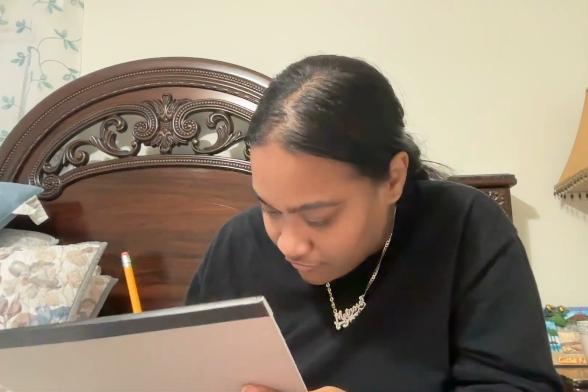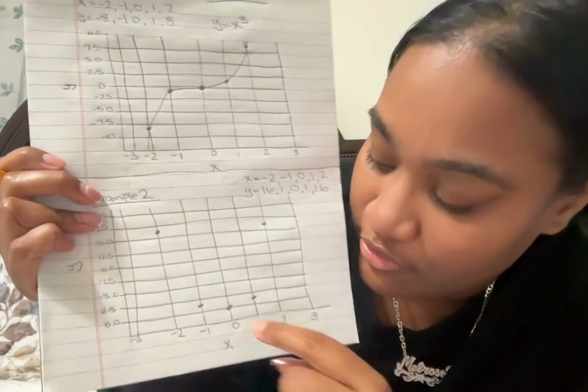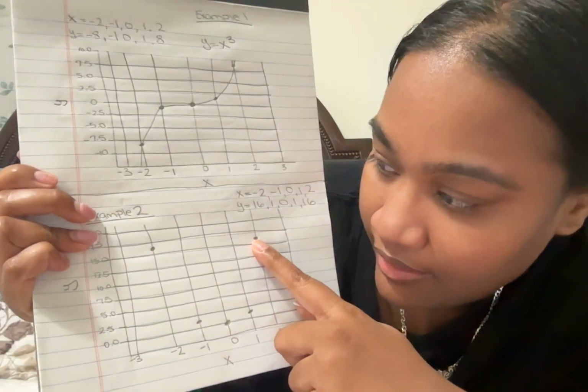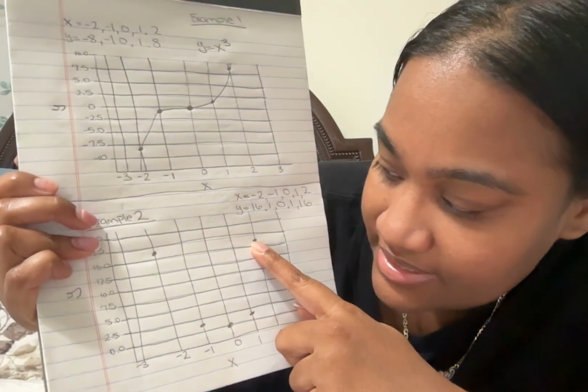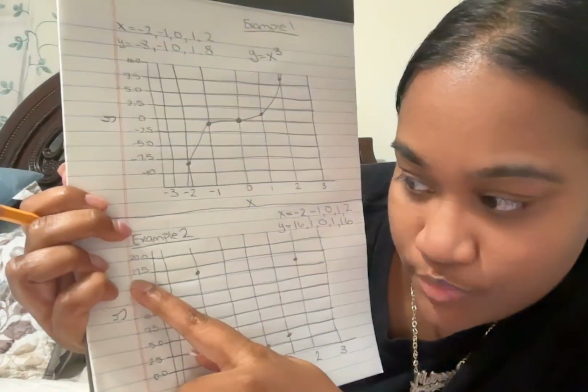And then our last coordinate point would be 2, 16. So 2 here on the x-axis, and then we're going to look for 16 on the y-axis, which will be right about here in the middle.